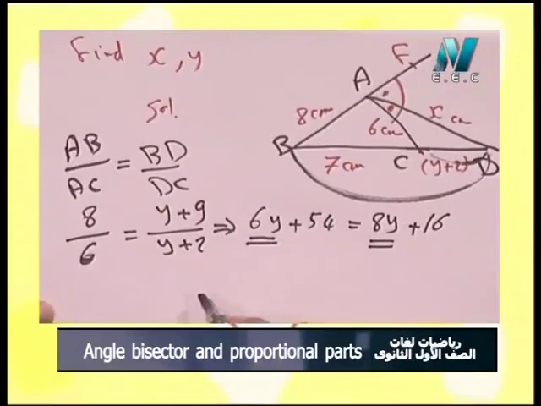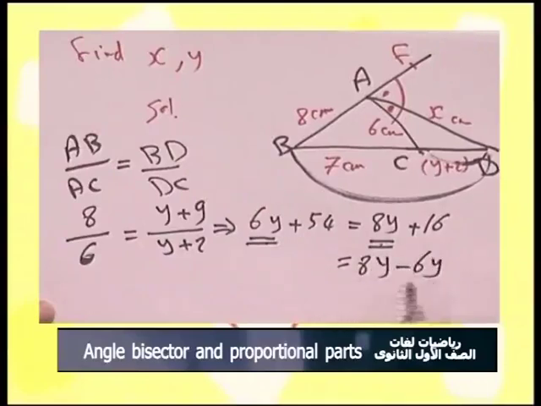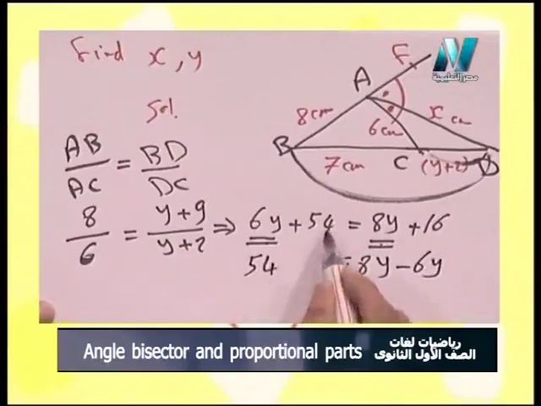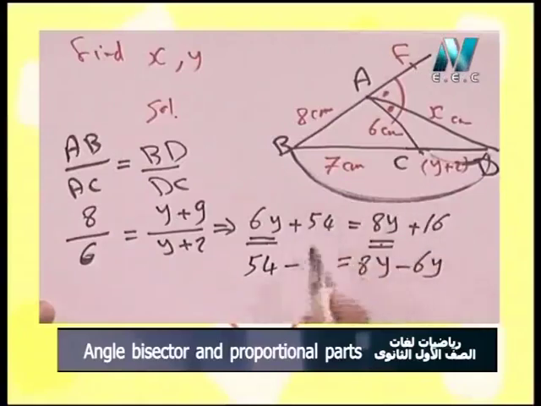And we have to collect Y on one side. We can transfer 6Y from here to here. We'll get 8Y minus 6Y. And on this side, we have 54 already from here, minus 16 because it transferred to the other side.